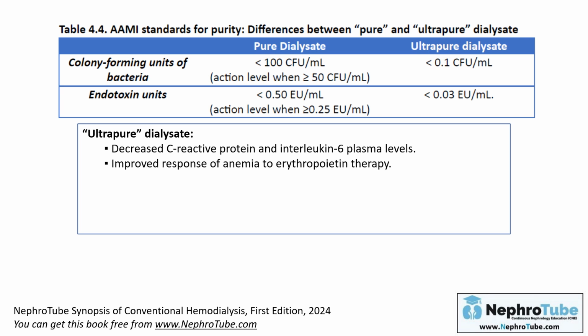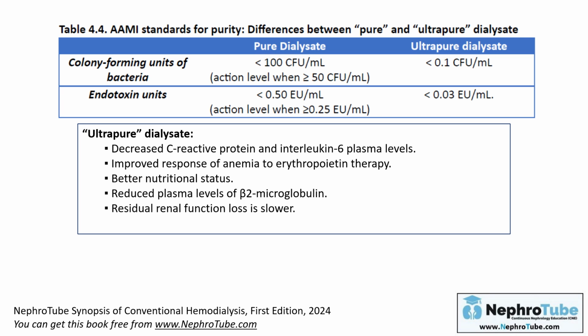Ultra pure dialysate improved the response of anemia to erythropoietin therapy. It helps to have better nutritional status, reduces the plasma levels of beta-2 microglobulin, residual renal function loss is slower, and finally, the cardiovascular morbidity is lower with the use of ultra pure dialysate.